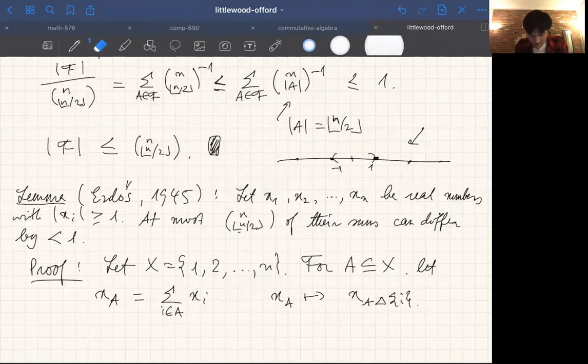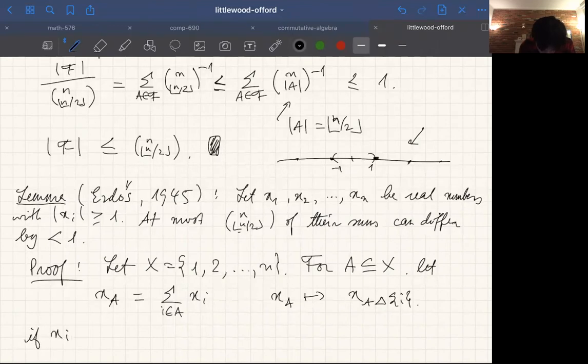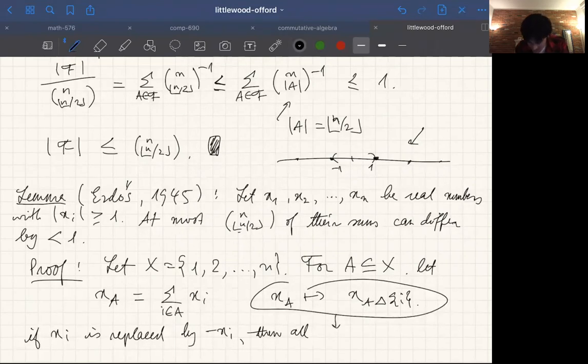It's saying that if xi is replaced by minus xi, then we have this permutation, and all the sums increase by xi.